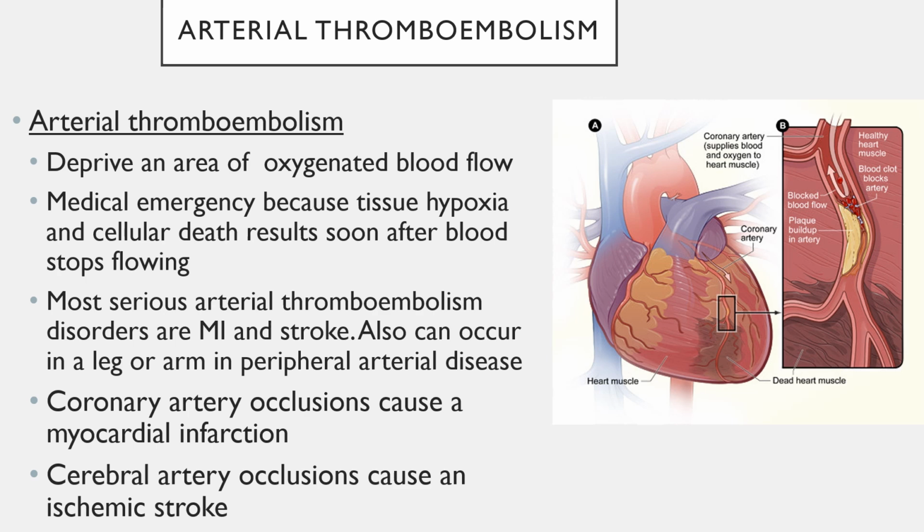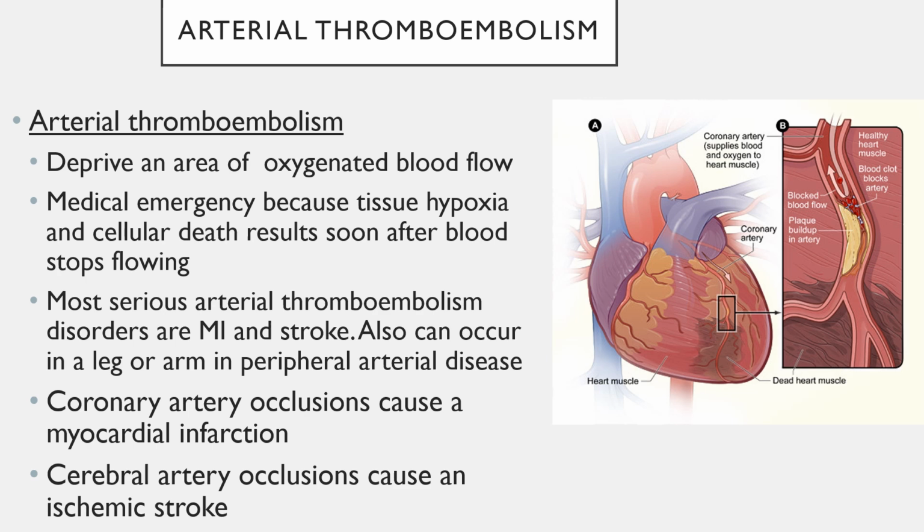A blocked artery to the brain can result in a stroke. And a blocked artery to a limb will result in an ischemic limb. Okay? It's depriving one of those areas of oxygen. And when you deprive an organ of oxygen, it will result in hypoxia of the cells.